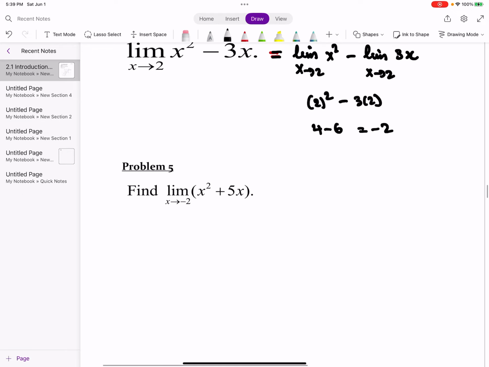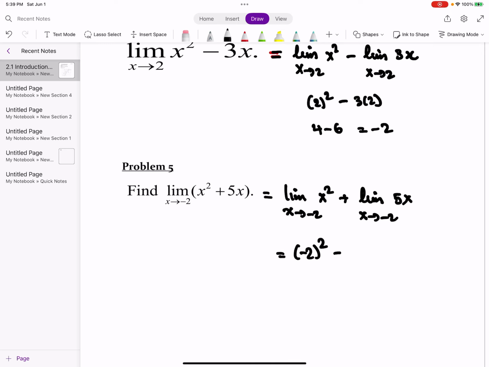All right, the second one is also, look at this, limit of x approaches negative 2 of the first one plus limit of x approaches negative 2 of 5x. So this is negative 2 the whole square plus 5 times negative 2. This is 4 minus 10, which is negative 6. This is the value of the limit. So just applying the rule.